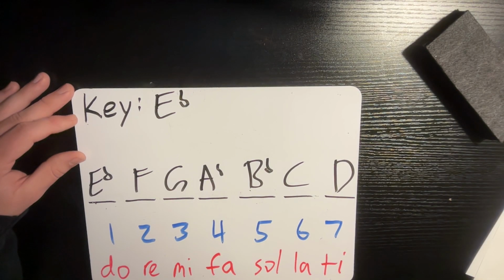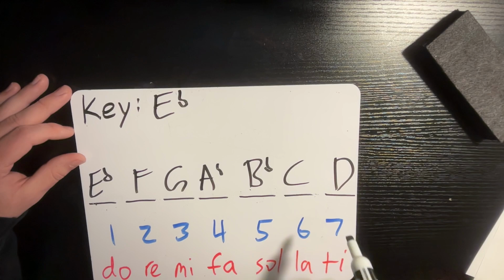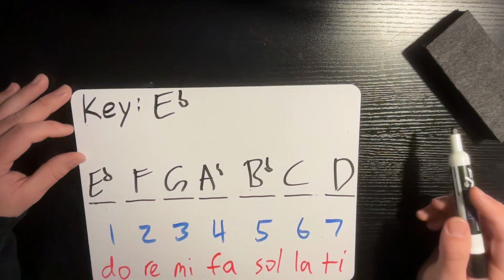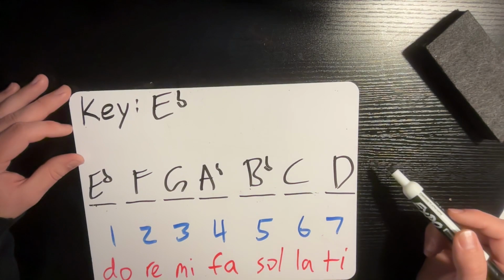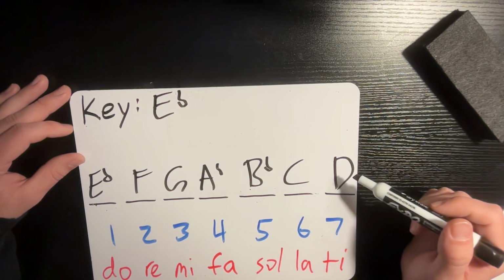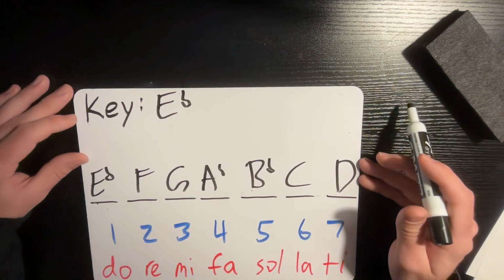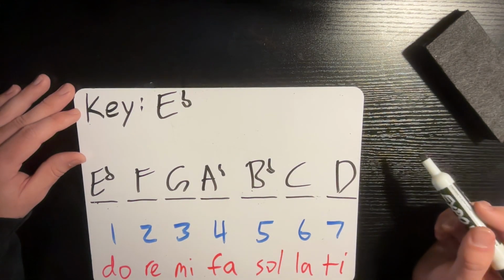If you get that backwards in your head, you can always remember that the 7th note always has to be a half step below or a half step apart from the 1st note when it revolves back around the circle. So if you accidentally flat the 7th note, thinking that that's how the flat scales work, it's not actually how the flat scales work. It's the 4th note that is flattened.